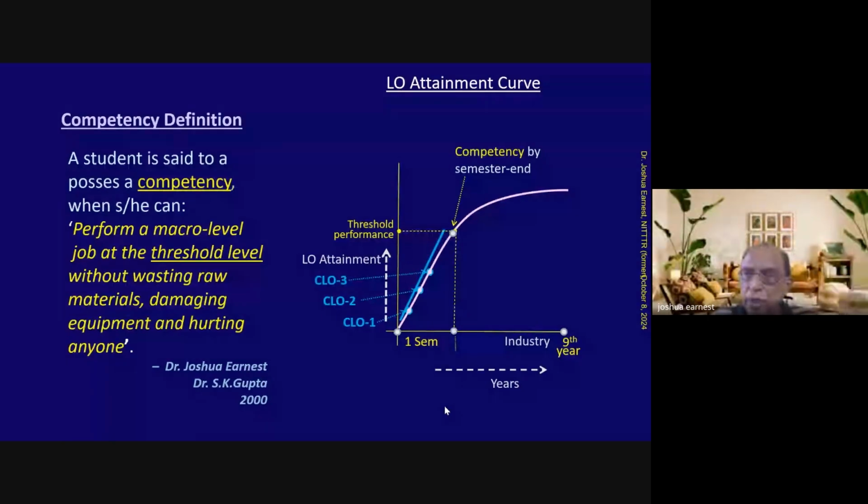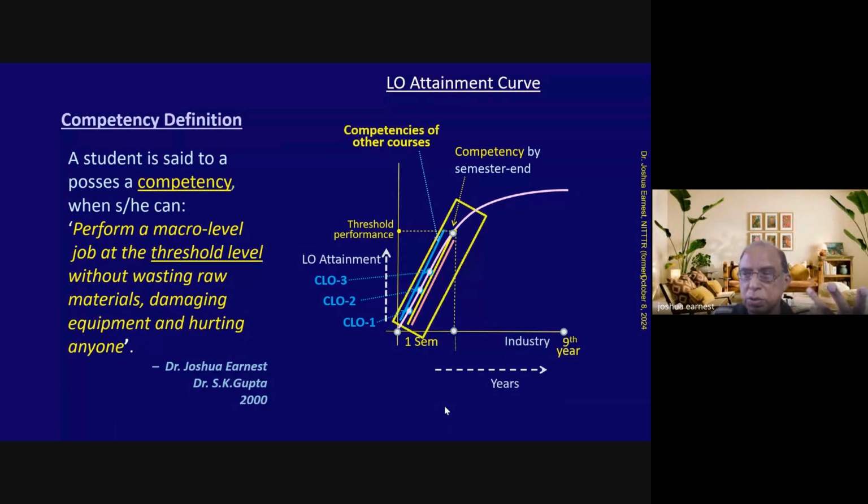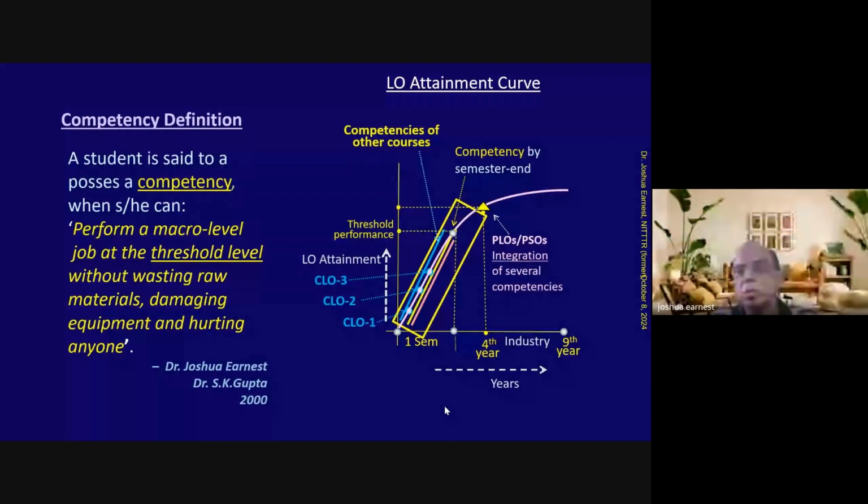Similarly, you will have the next course, and the next course. When all these courses get developed in the student, then you have the PSOs. By the end of the 4th year, all these competencies get integrated into PSOs through the capstone project.